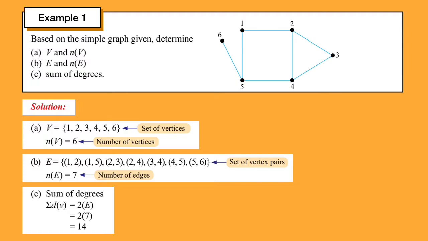Finally, the sum of degrees is always twice the number of edges. Therefore, we multiply 2 with 7, as 7 is the total number of edges that we got from the graph. So, 2 multiplied by 7 is 14. Therefore, our sum of degrees will be 14.